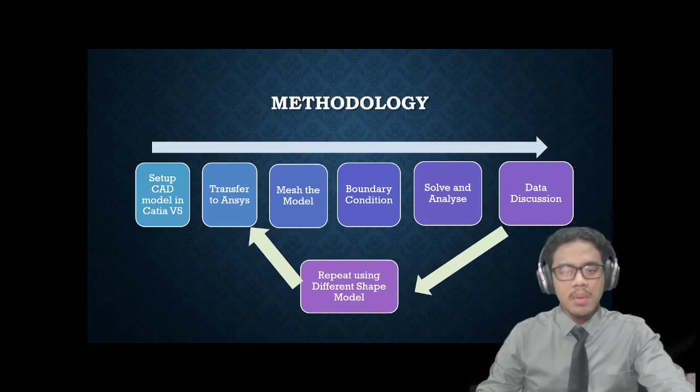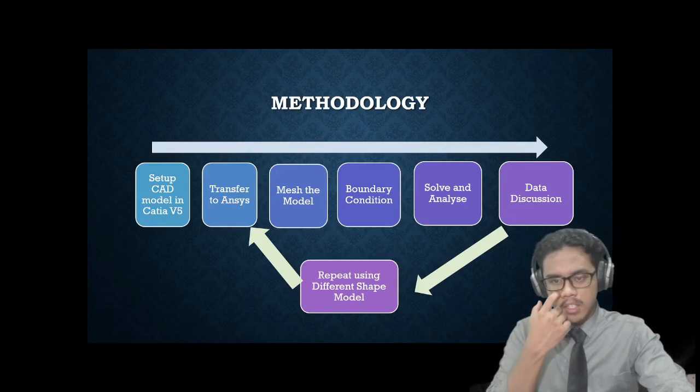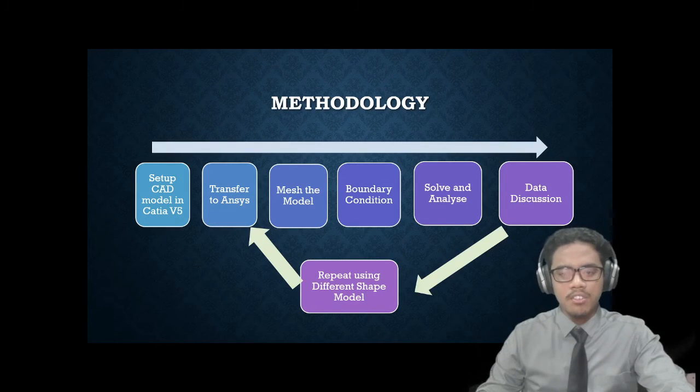Okay, so the method for this project starts with the design, sketching the CAD model of the frame of the tricycle that follows the scope and limitation for this project. Next, transfer the file to ANSYS. Then, mesh the model using the same mesh density and orientation.